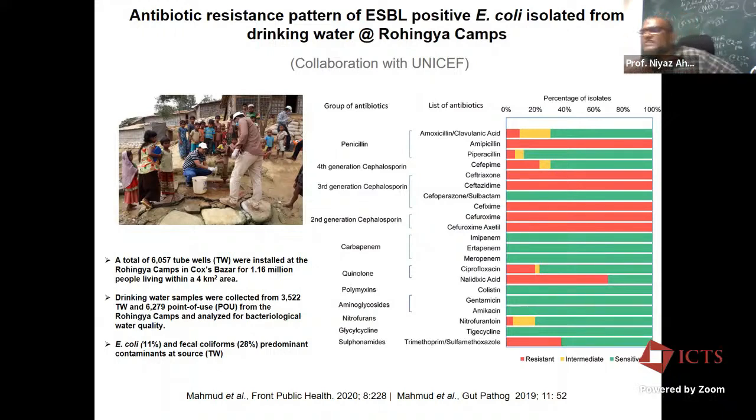So when such a controlled setting fails to deliver safe drinking water to communities, can you imagine uncontrolled and informal settings? These are funded by international agencies, for example, and it is an international crisis; people have been monitoring this crisis for several years.